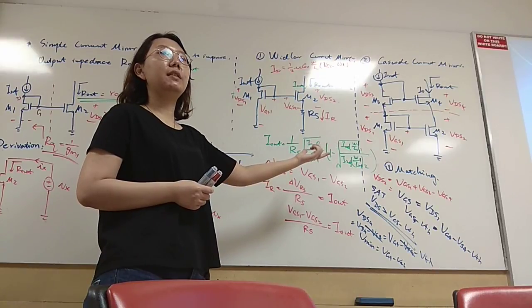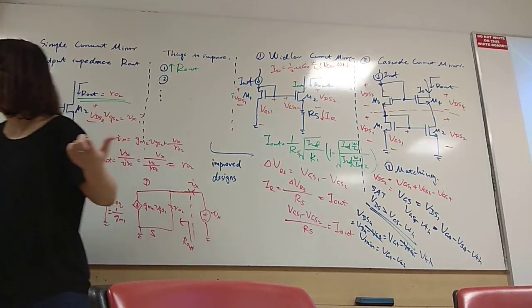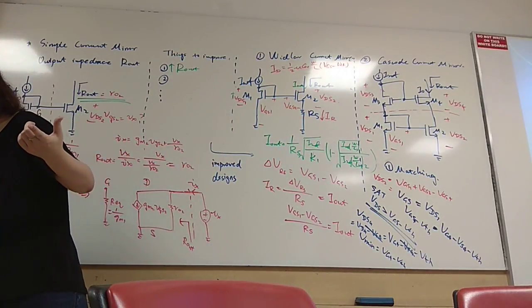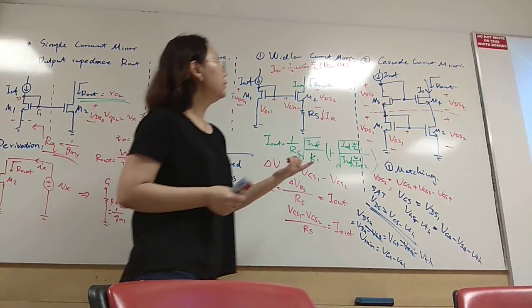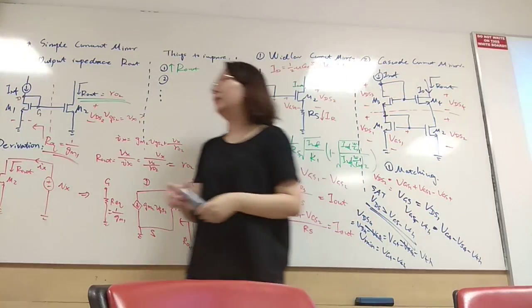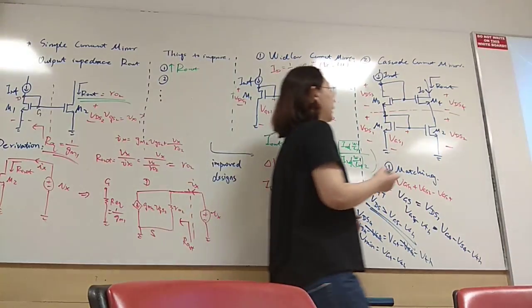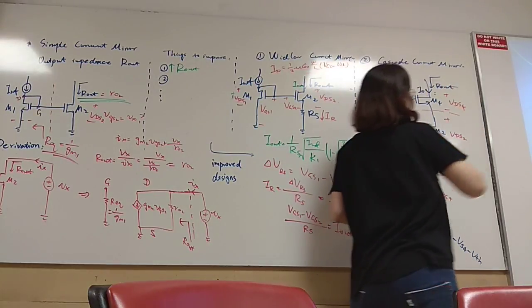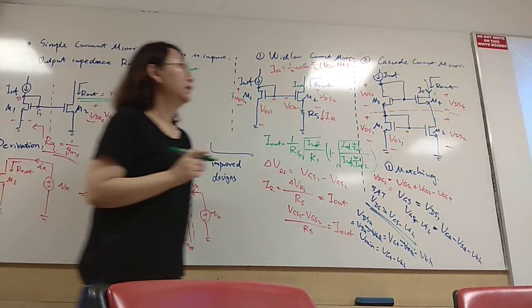There is no additional resistor, nothing. So they didn't really specify the current mirror ratio, I think. But they do ask you to find this R out. This R out, can you tell me that early? I taught you already how to get this R out.